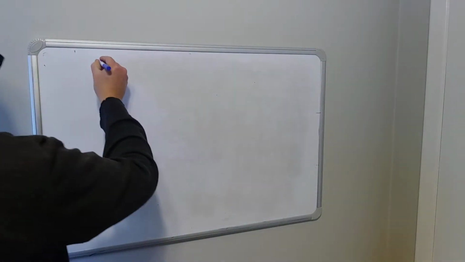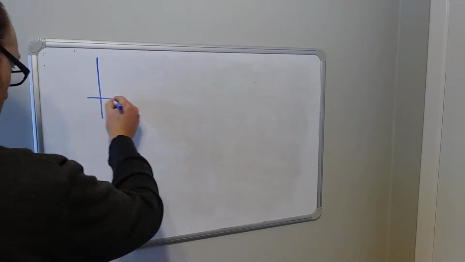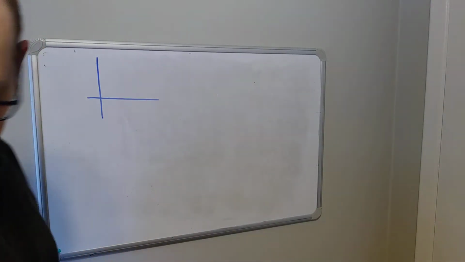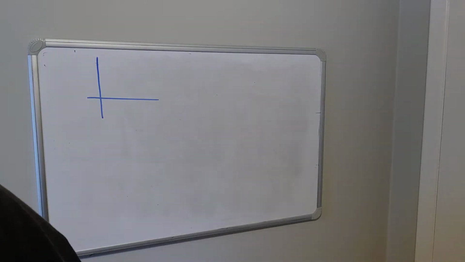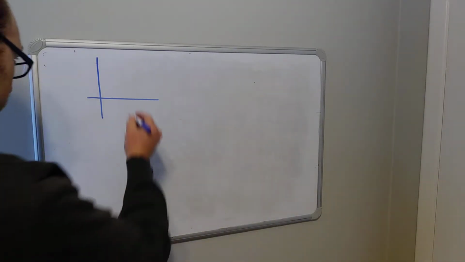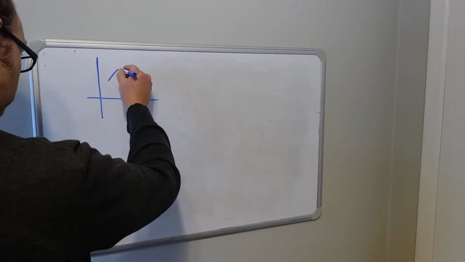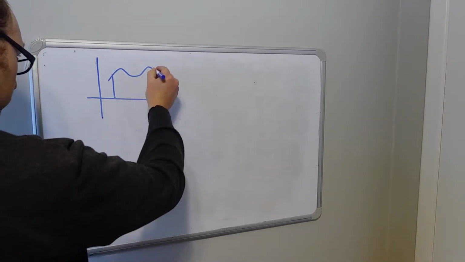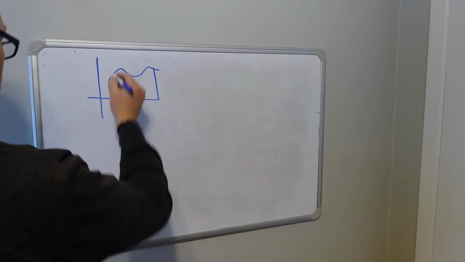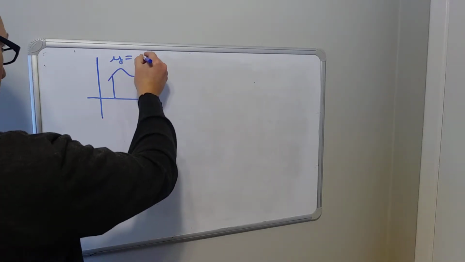So we have a figure, and the figure is what's called a two-dimensional lamina. Think of the graph underneath a function. So we have the graph of a function, y is equal to f of x.